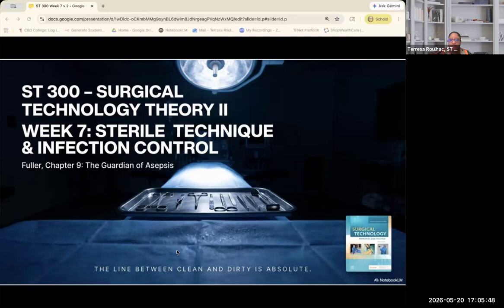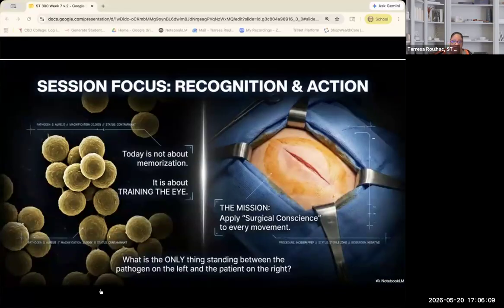We are that final barrier between microorganisms and the surgical site. So we're going to understand why the rules are so absolute this week. Keep in mind that sterility is binary: sterile or not sterile. So let's get into it.